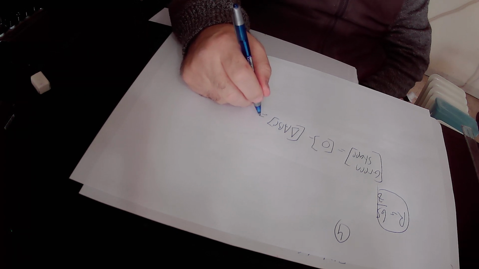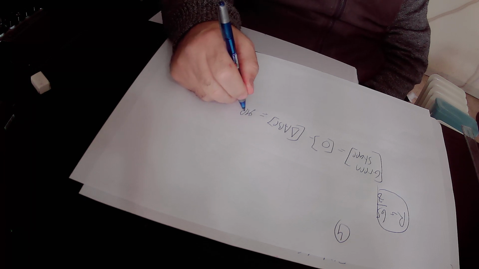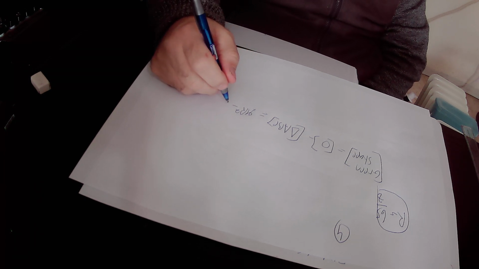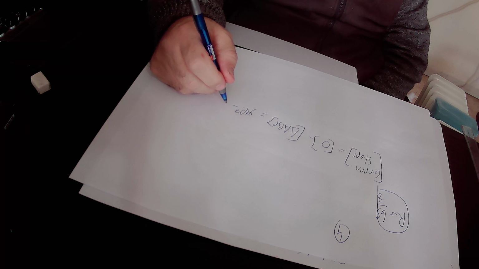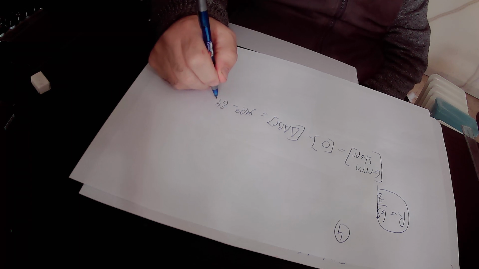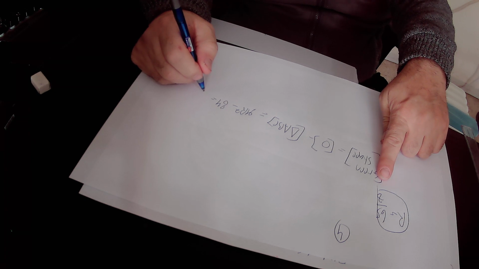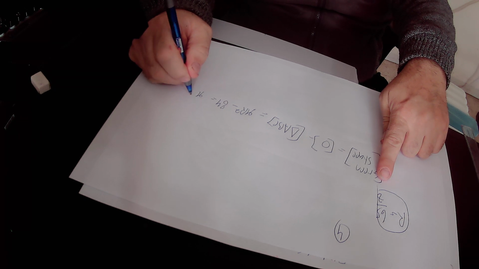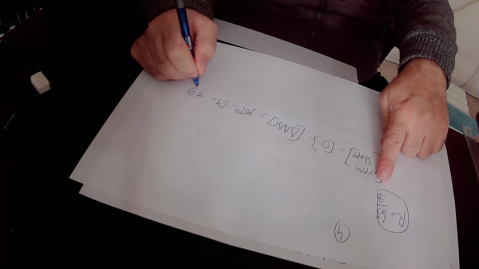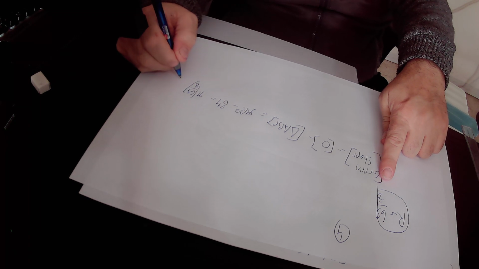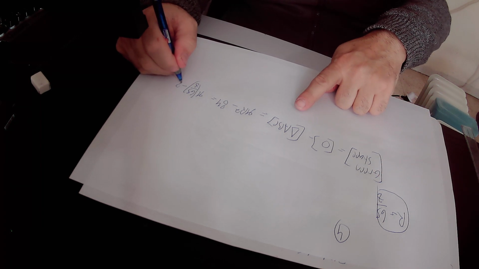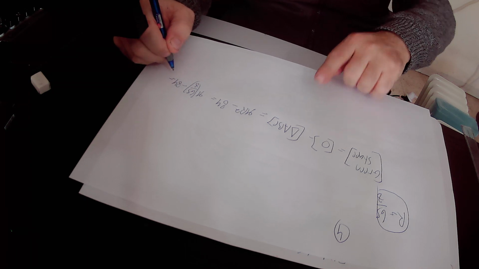The area of the circle equals pi r squared. We already found out that the area of triangle ABC equals 84 square units. R is 65 over 8, therefore r squared is 65 over 8 squared. That is the area of the circle minus 84, the area of triangle ABC.